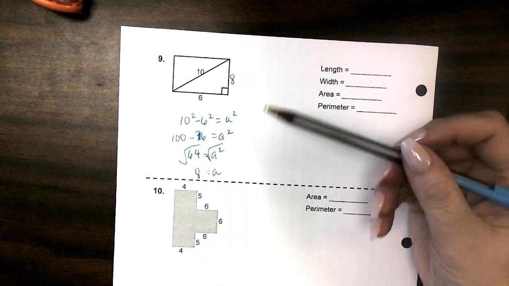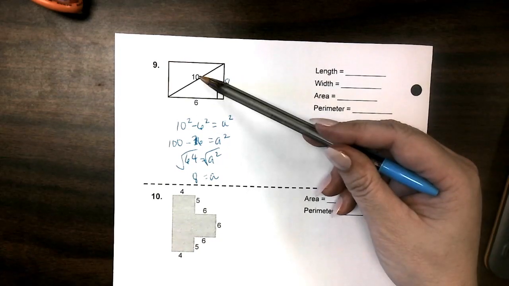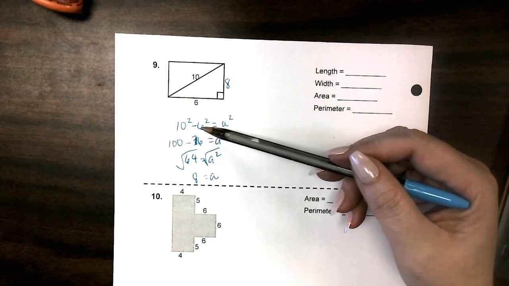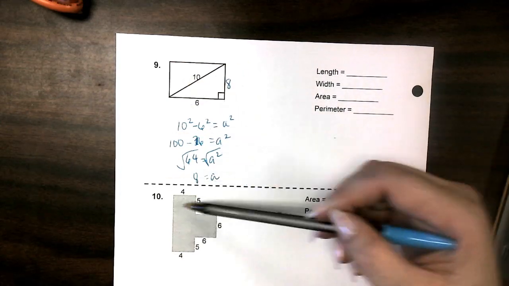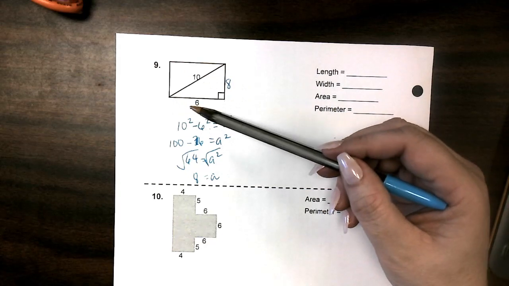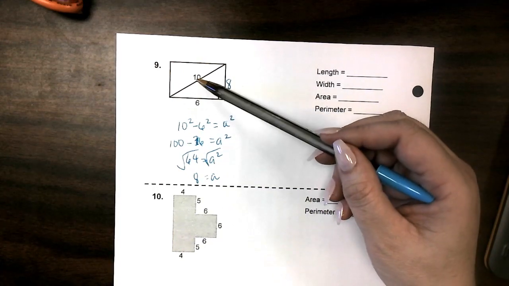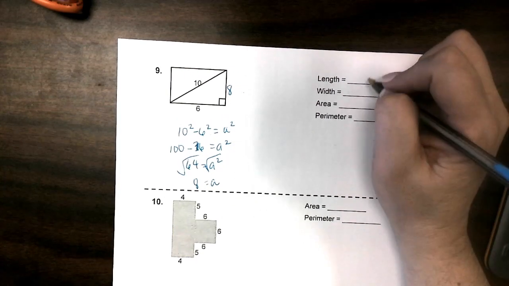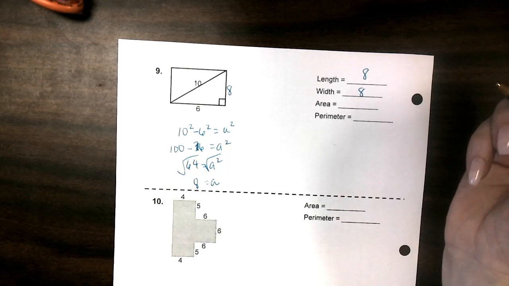If you remember that there are Pythagorean triples, the 3, 4, 5 triangle is a Pythagorean triple and any multiple of 3, 4, 5. So if you see that, you don't have to do this work. This was a Pythagorean triple because 2 times 3 is 6, 2 times 4 is 8, 2 times 5 is 10. So the length here 8, the width 8. So then how do I find area?